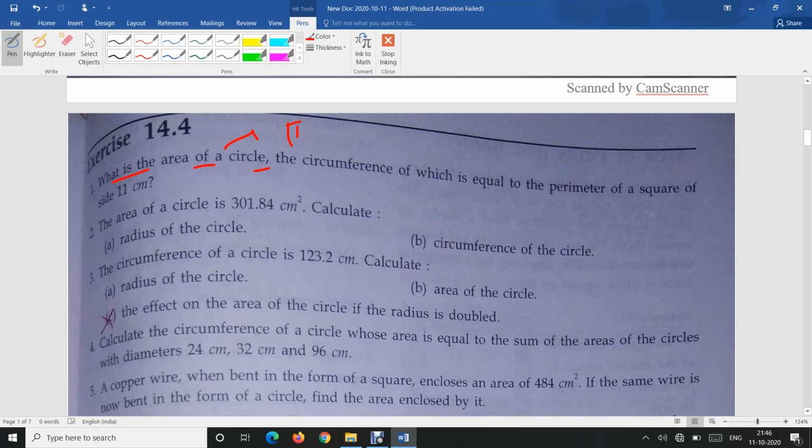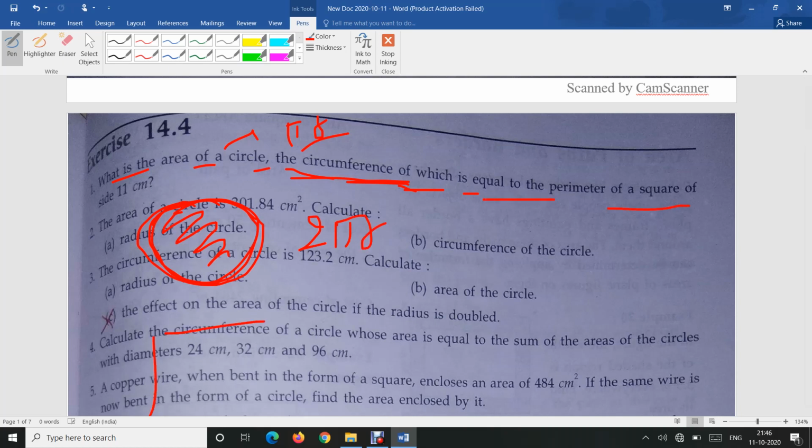You know that area of circle is pi r square. Ahead it is saying that there is a circle and you have to find out the area of this circle, but the condition is that the circumference of this circle, that means this 2 pi r, is equal to the perimeter of a square.